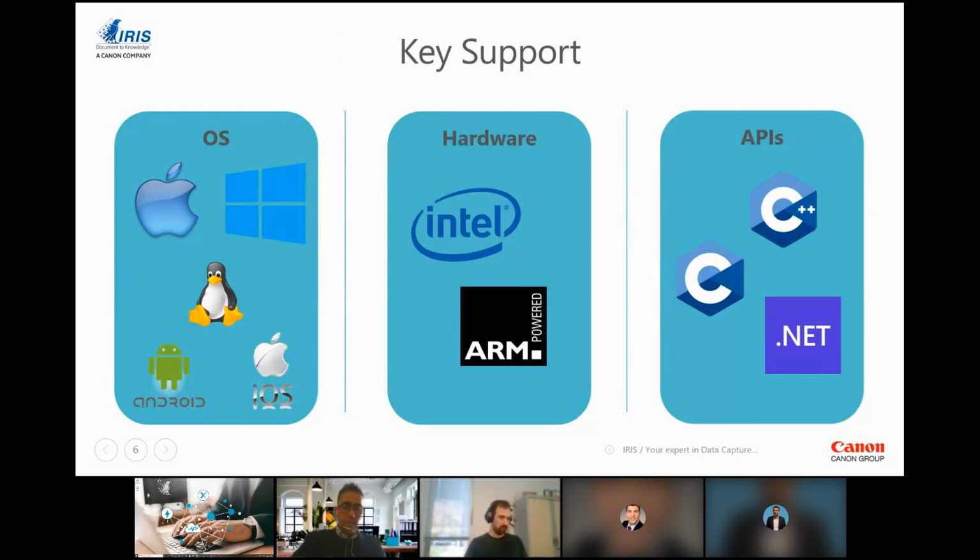For the desktop, we have Windows, Linux, and Mac, and for mobile, Android and iOS. Regarding the hardware, we provide packages for Intel and for ARM. For example, we have a package for Windows Intel and Windows ARM, etc.